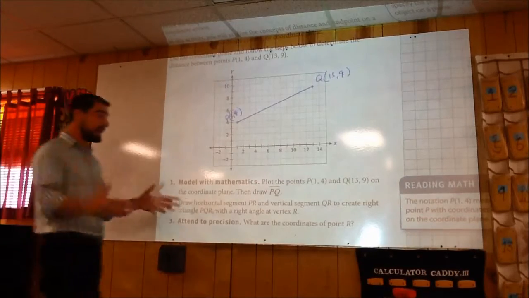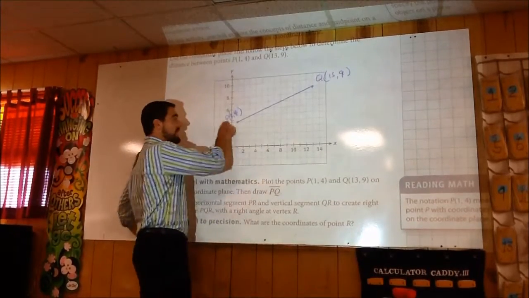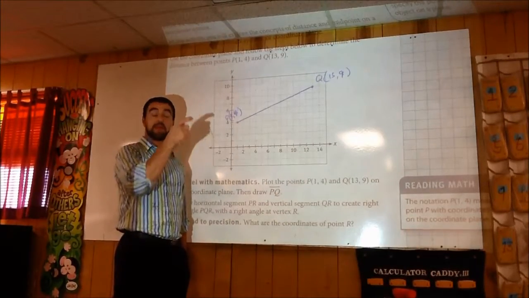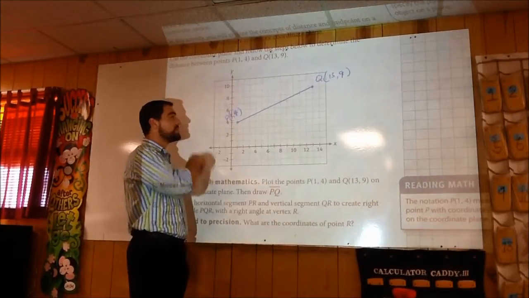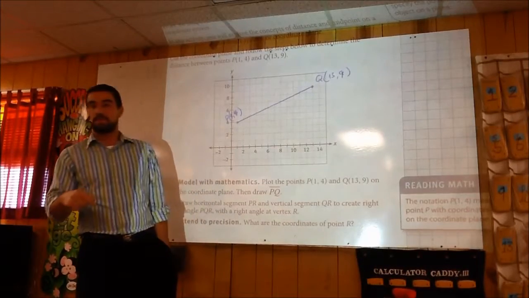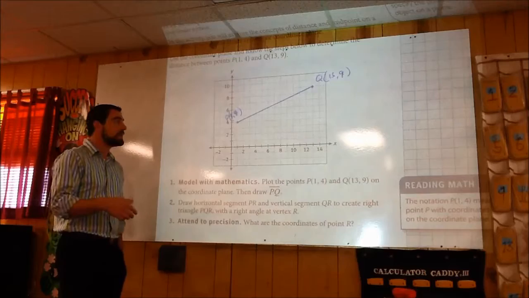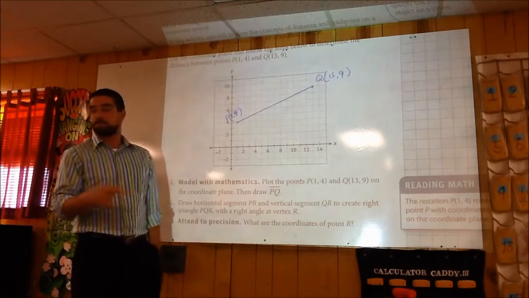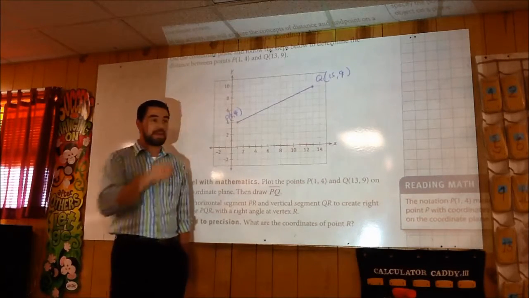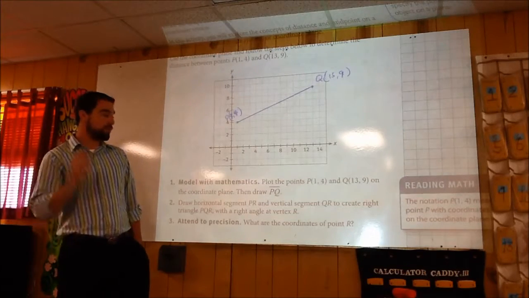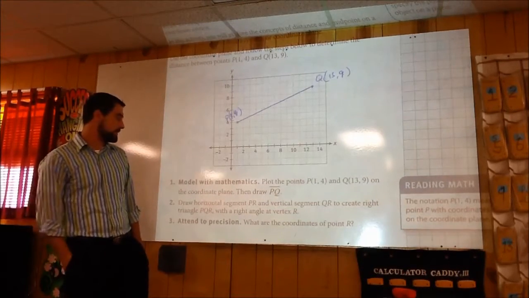Whenever you plot points, you not only have to put the capital letter that's naming that point, but you also need to put its coordinates. You need coordinates, which are the x and y values, and you also need the capital letter that is that point's name. So please appropriately plot those points.